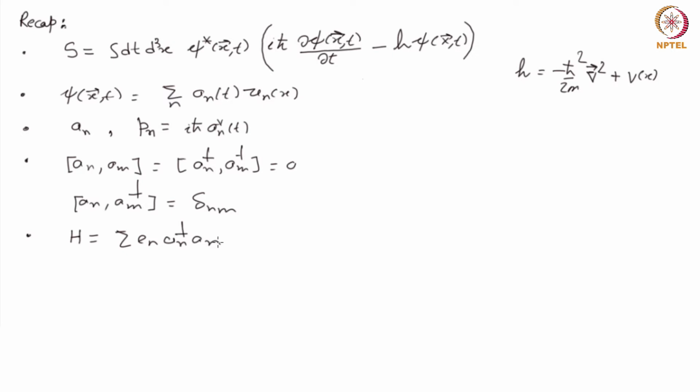Then let me go to the next page. We constructed the Fock space, and the states were the following. You can operate with a string of a daggers on the vacuum, and these states are eigenstates of the Hamiltonian.